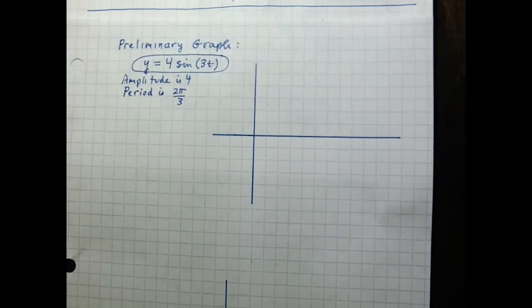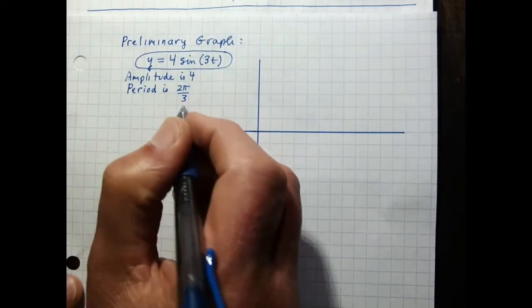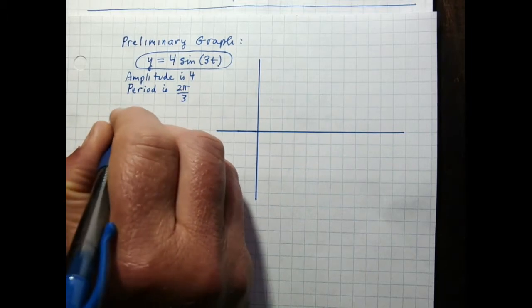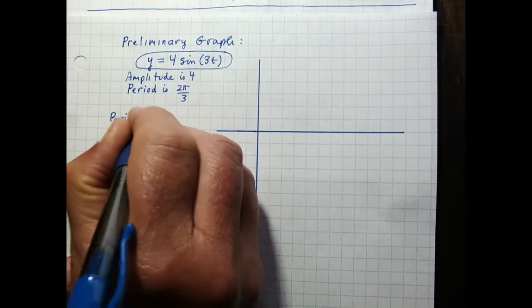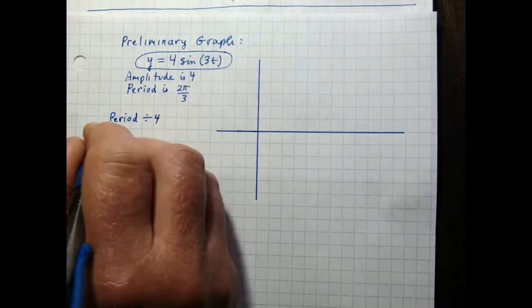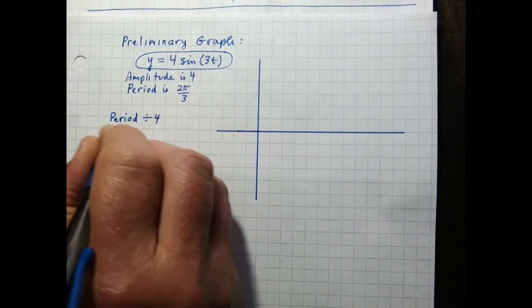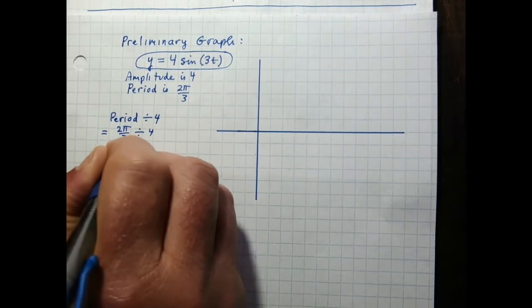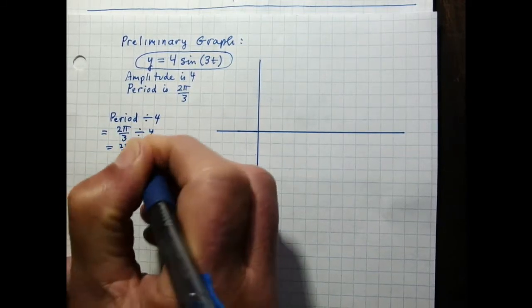Now, in order to do this preliminary graph with my period 2 pi over 3, I need to do what we were doing in earlier calculations. Take the period and divide by 4. 2 pi over 3 divided by 4 is 2 pi over 3 times a fourth.